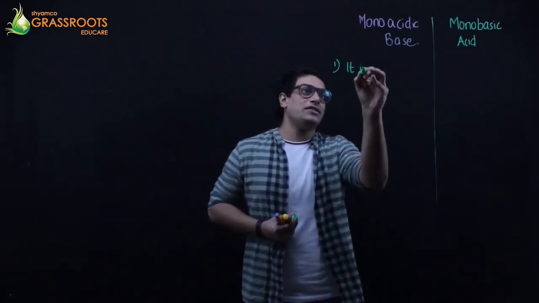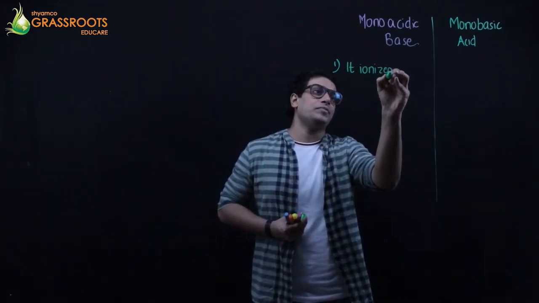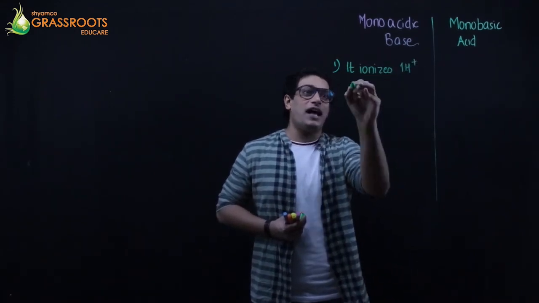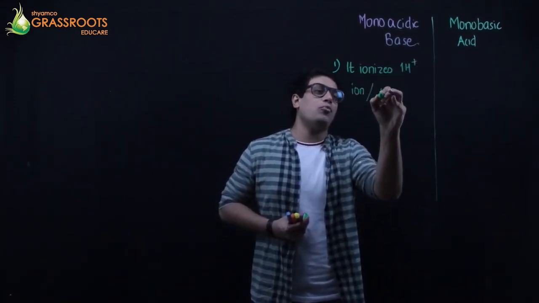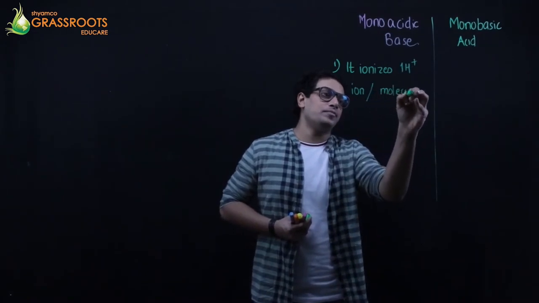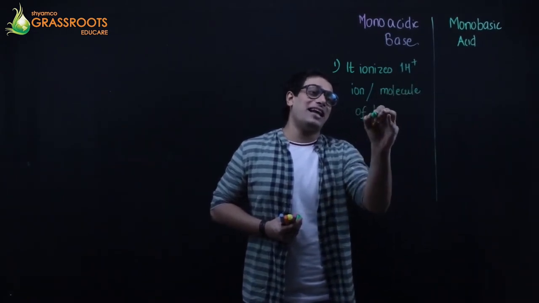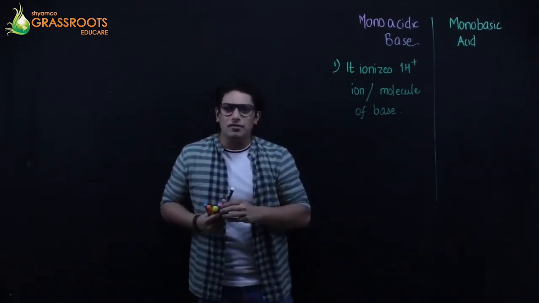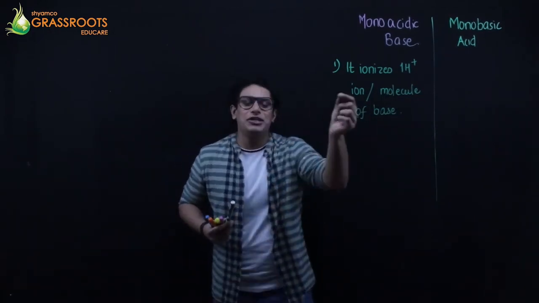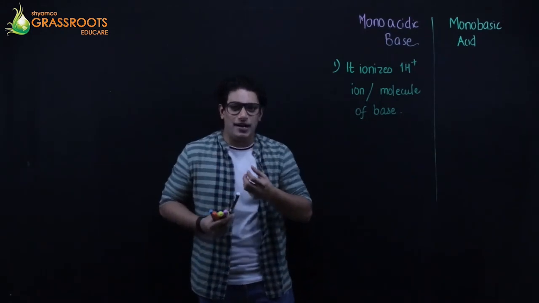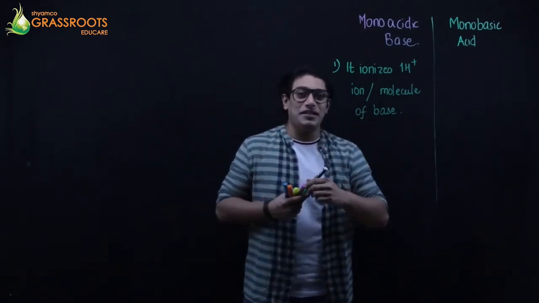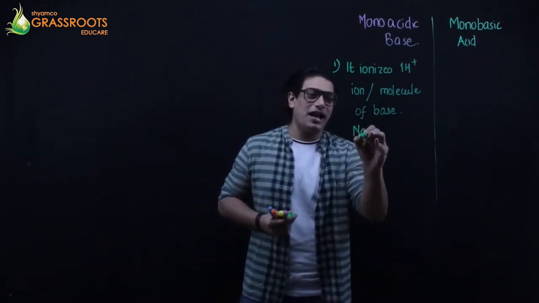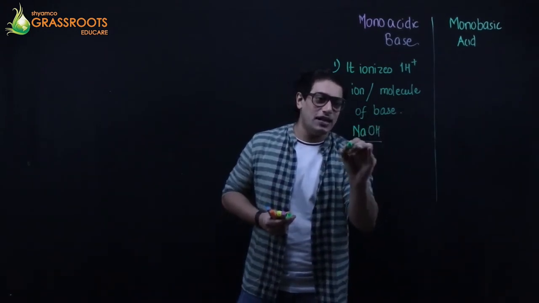It ionizes one H plus ion per molecule of the base. That means with my base, it will snatch away only one hydrogen ion. So monoacidic base, for example NaOH, is an example.